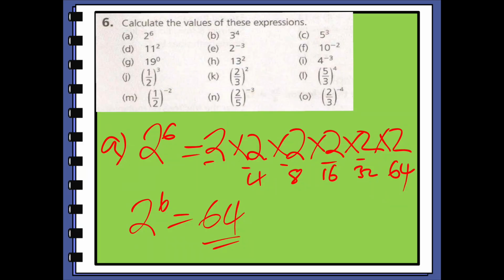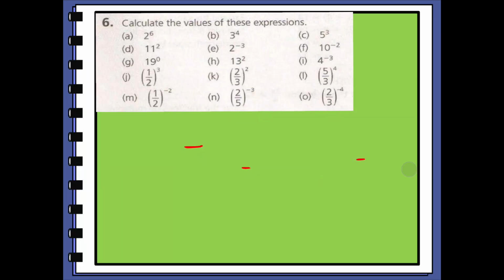Then e is a bit different because it has a negative power. So I'll try to explain a bit about how to evaluate negative powers. So we have 2 power negative 3. Now think of it like this: 2 power 0 is 1. So 2 power 0 is always 1.